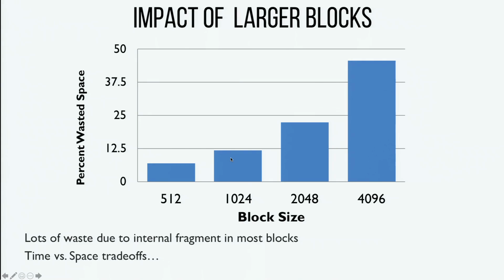As you increase the block size, there's more of the block that you don't end up using. Finally, when you go to a 4 kilobyte block, you'd end up wasting 45% of your disk space just due to internal fragmentation. The numbers would be a bit different in modern days, but they certainly had to worry about wasting space, so they couldn't just make a 4 kilobyte block. We'll look at a solution for that.